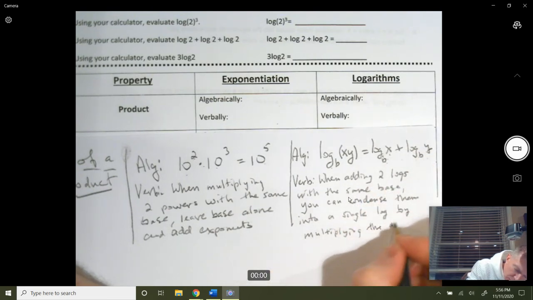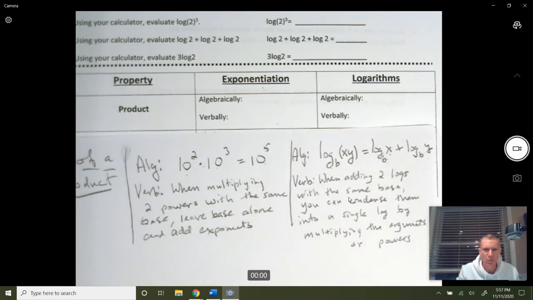I'm going to call them arguments or powers. And I'm going to explain what I mean by all that.